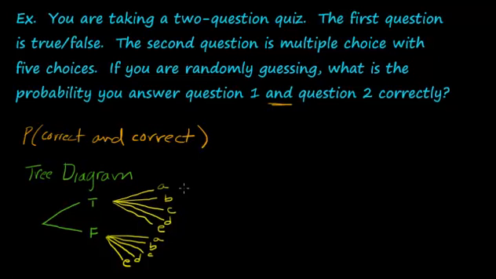So the tree diagram ends up showing us how many different outcomes we have. We can just count these termination points. One outcome would be true A. So let's show what the sample space would look like here.